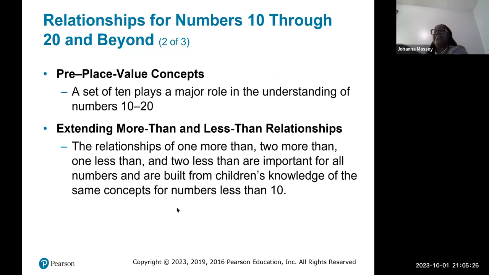Like this is a 10 block of something. I stack my 10 chips or my 10 counters, and then I have five. So let's start building that relationship. And then you're extending more than and less than relationships, the relationship of one more than.